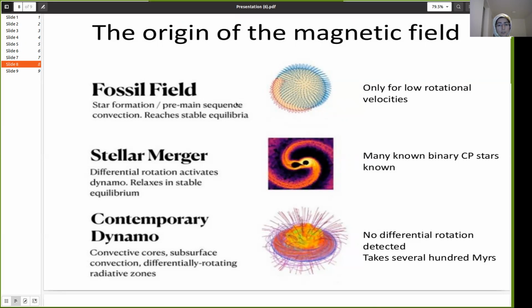So this theory cannot say anything about that. But we can see that we have just these three theories about the magnetic field in CP stars. So we should have another theory, or we should promote one or more of these three theories.